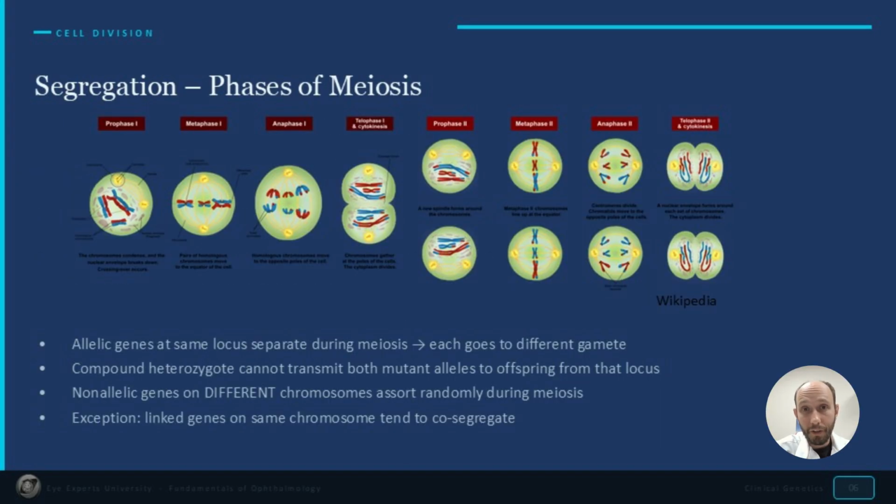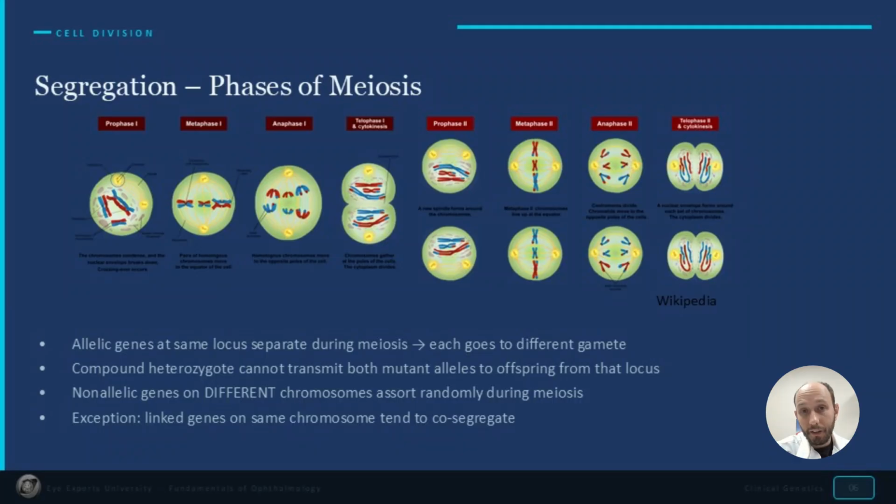Segregation refers to the phase of meiosis where the genes are basically segregated into each of the haploids. So the allelic genes, which are, remember, the two of the same gene on the pairs of chromosomes, start getting separated, and each one goes into a different gamete.